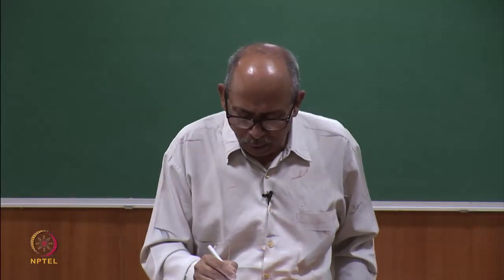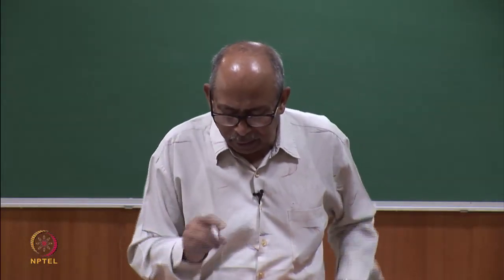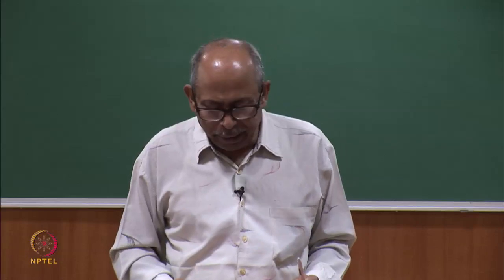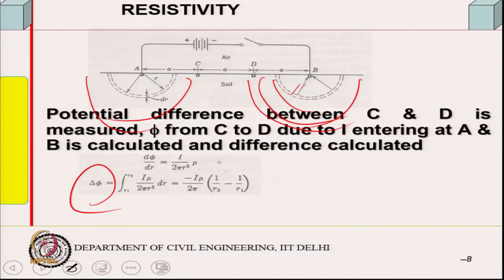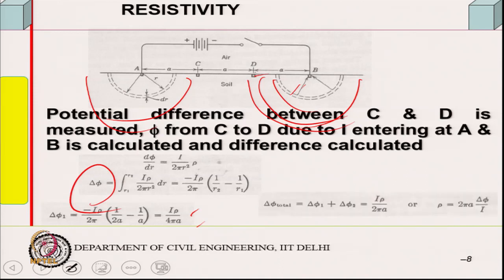It can be shown that delta phi is I rho divided by 2 pi times (1 by R 2 minus 1 by R 1), and from this one can derive delta phi equals I rho by 4 pi A, where A is the spacing, the same thing I showed earlier.